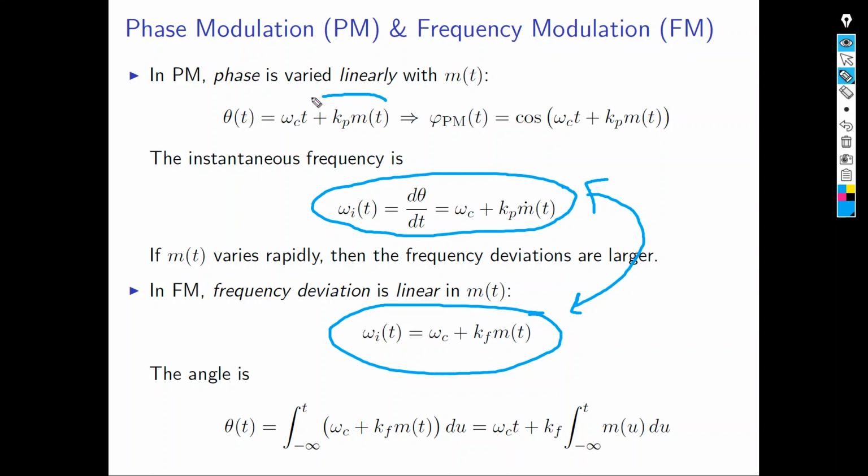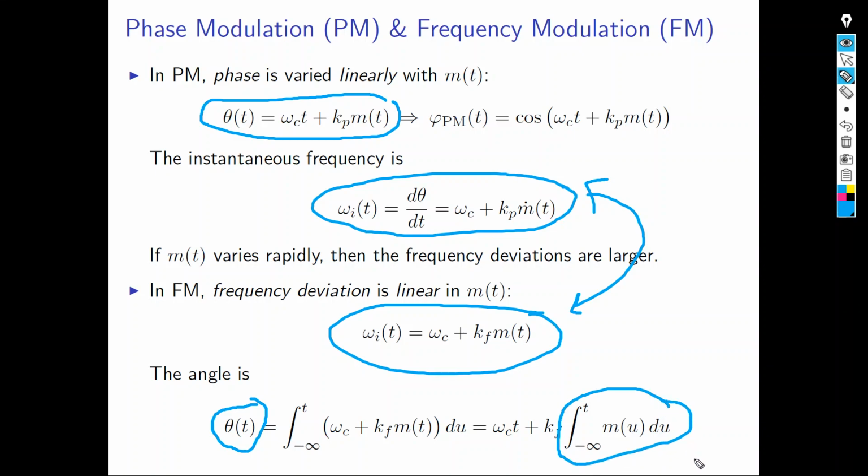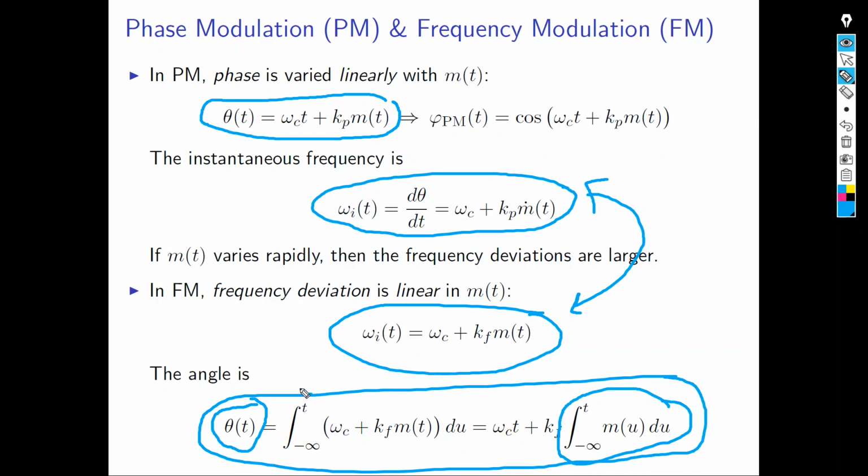Also, if I give you this equation and tell you that theta is changing directly with m of t, then this is phase modulation. But if theta is changing with the integration of m of t, then this is frequency modulation, because this whole equation is another version of this.